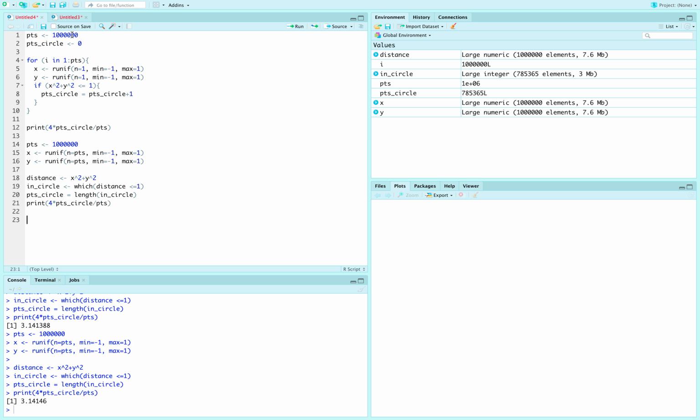Anong nangyayari? Tingnan natin yung visualization nito, kung saan napupunta yung mga points na 'to. Ipakita lang natin for the first 10 points. Okay?